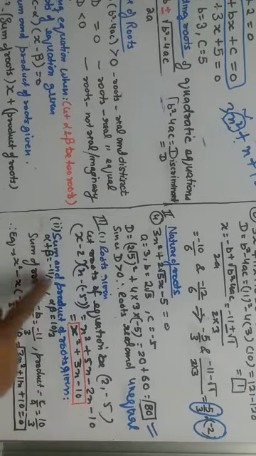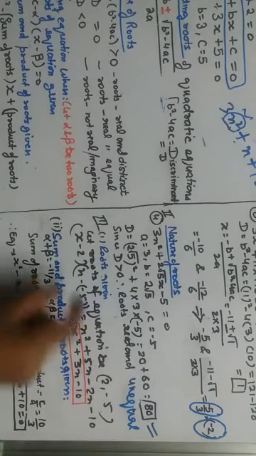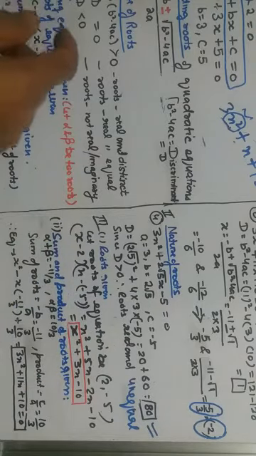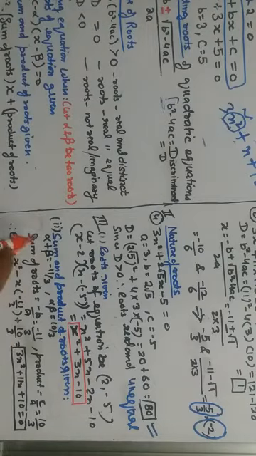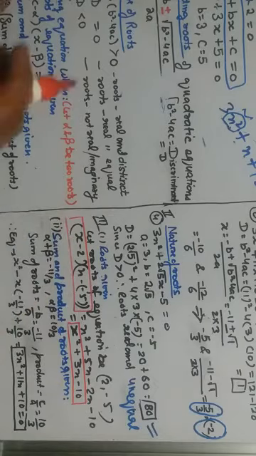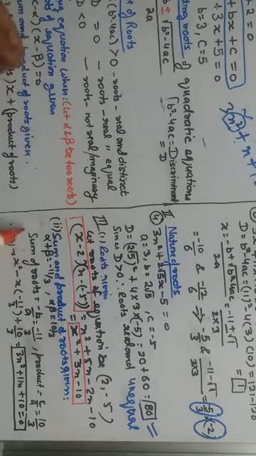Next is sum and product of the roots given. When roots are given, we apply this formula. And when sum of the roots is given and product of the roots is given, we apply this formula.